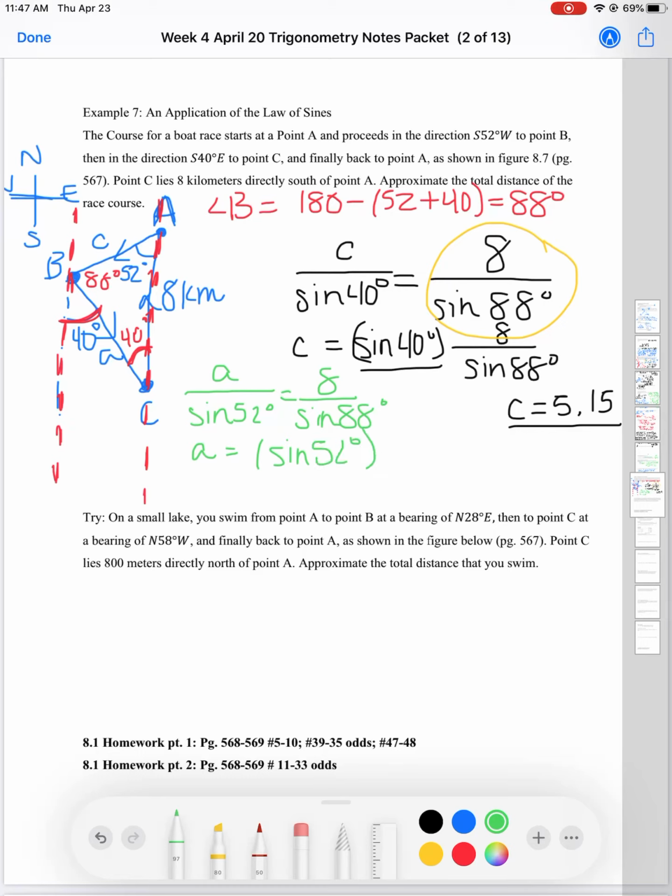So A is equal to sine 52 degrees times 8 over sine 88 degrees. So A is about, if we rounded 2 decimal places, 6.31. And this is in kilometers. I should have labeled that, but I'm bad.